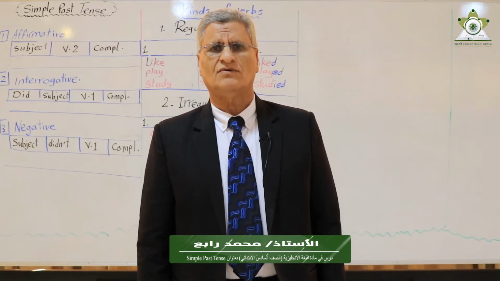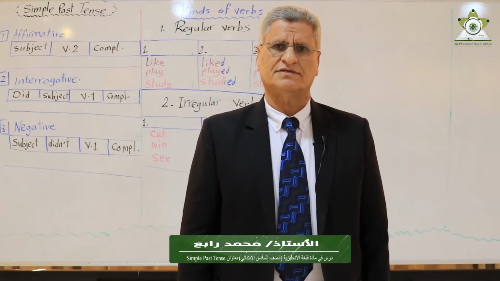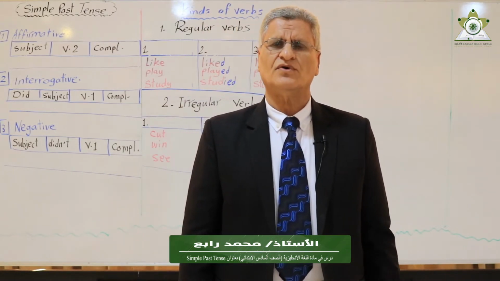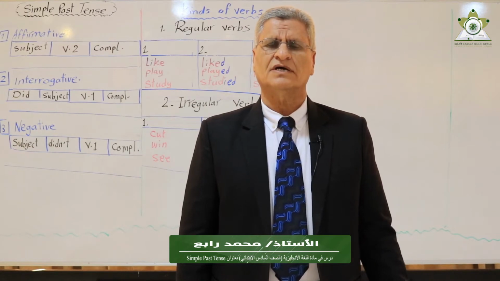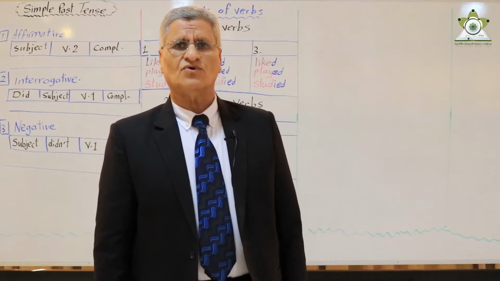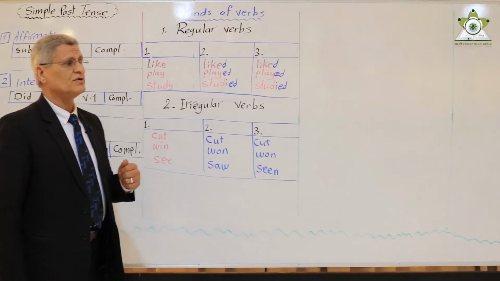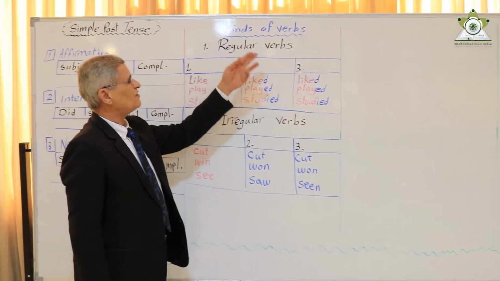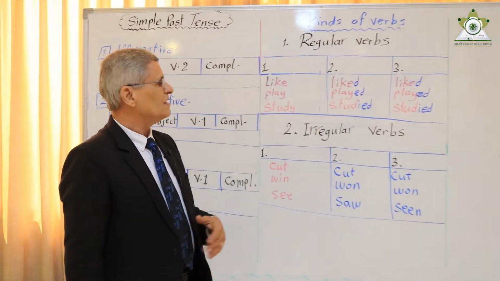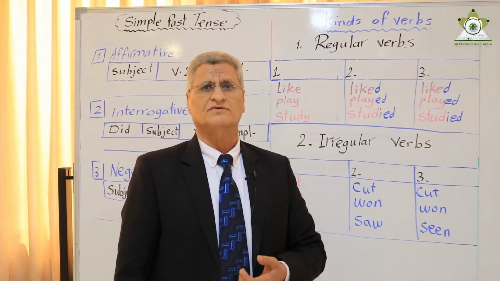Today I will talk about simple past tense. Before we talk about simple past tense, I'd like to talk about, as you can see here on the board, kinds of verbs. Verbs are divided into two forms.